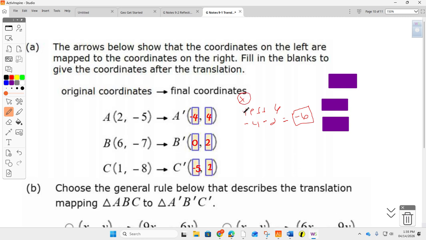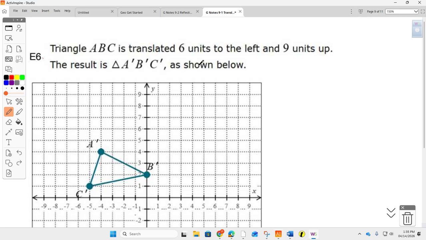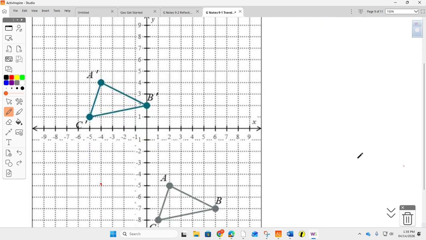So what's the rule for our y's? What does it do to go from negative 5 to positive 4? Now these are on the y-axis, so we're going up and down, right? It would be 9. So you can use the subtraction, or you could just count. Up 7, 8, 9, so up 9.